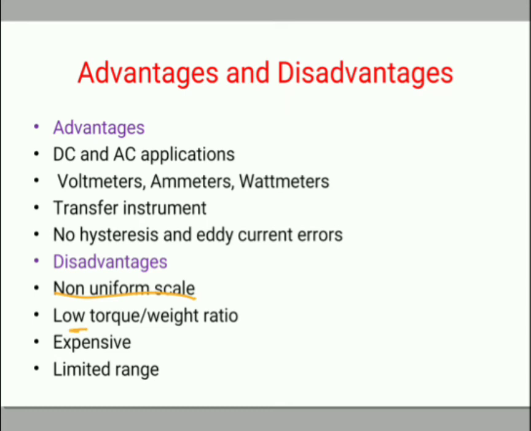The low torque weight ratio of the instrument yields more frictional errors, which in turn lessen the accuracy. The instrument requires larger operating current, which causes the sensitivity of the instrument to decrease as they have weak magnetic field.